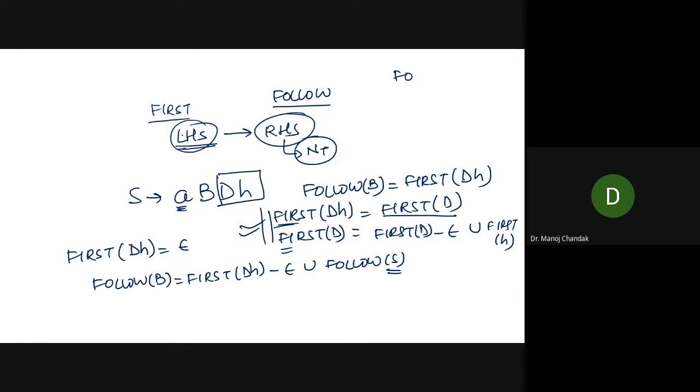And by default, follow of S is equal to dollar. So since it's a start symbol, its follow is always dollar. We will see some of these concepts in the parsing table.